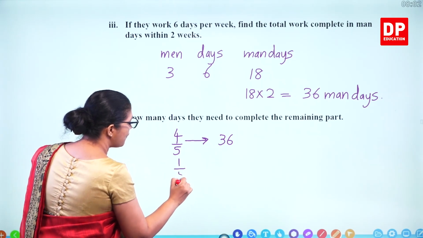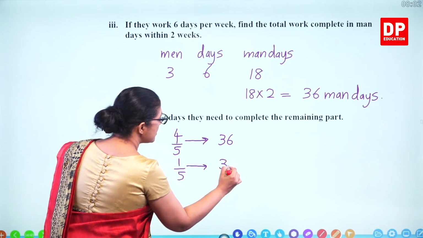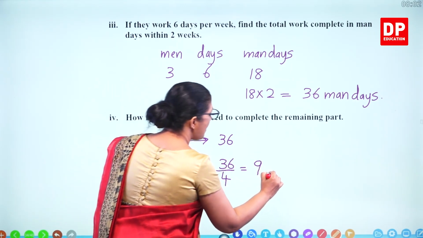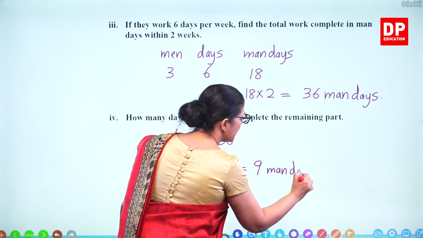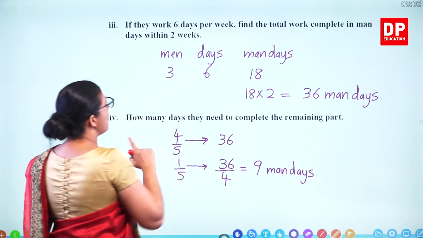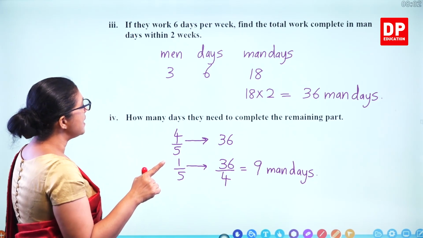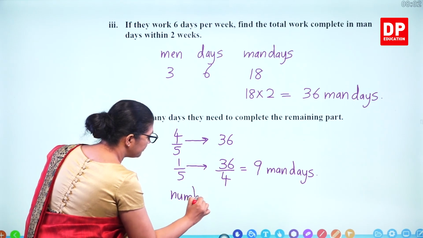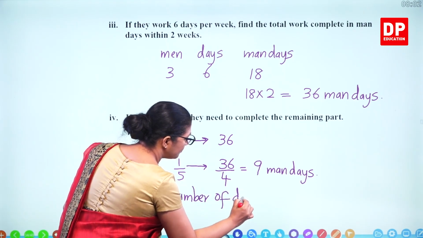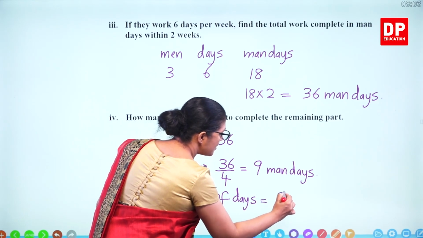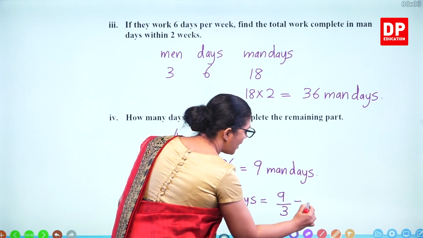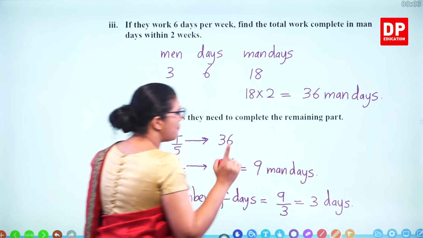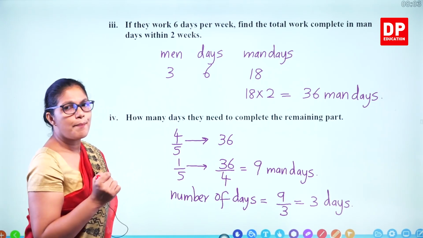So what is 1/5? 36 divided by 4. We need 9 man days. But we have 3 laborers. So how many days needed? Number of days is man days divided by number of laborers. So 3 days needed extra to complete the remaining part.